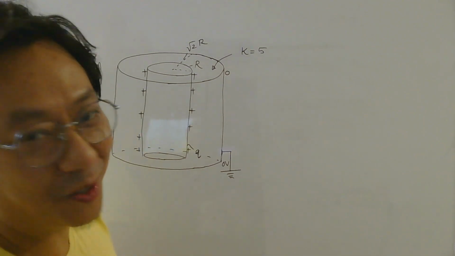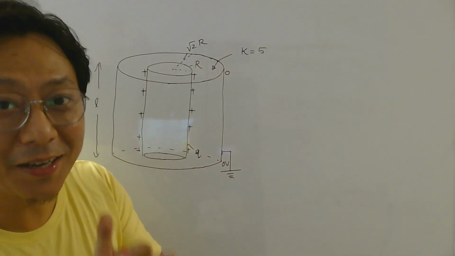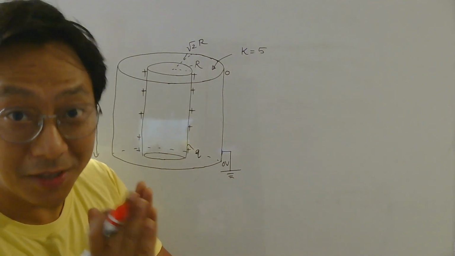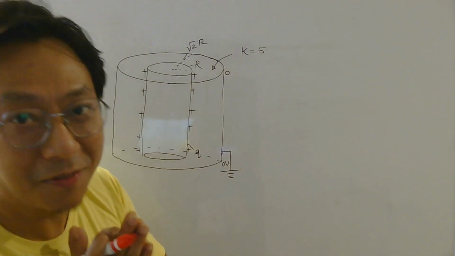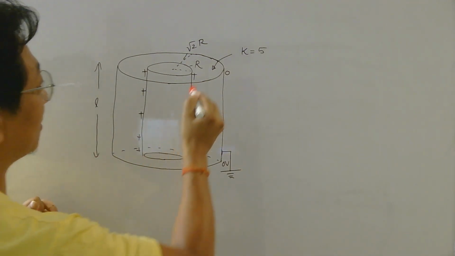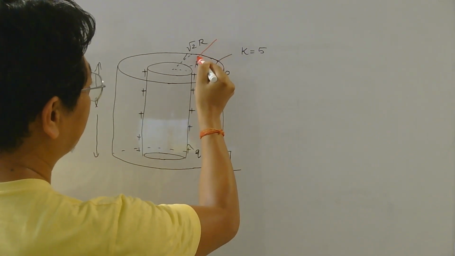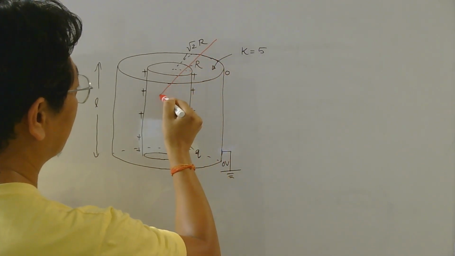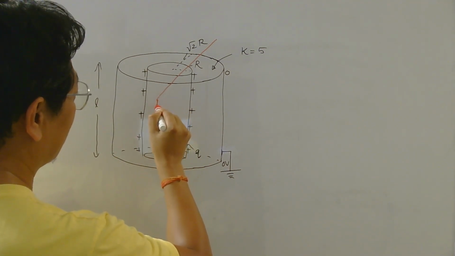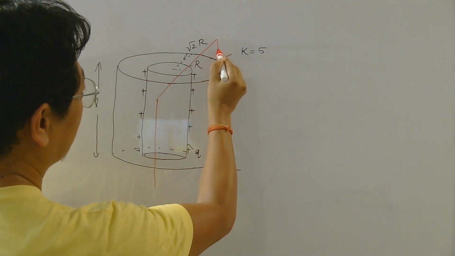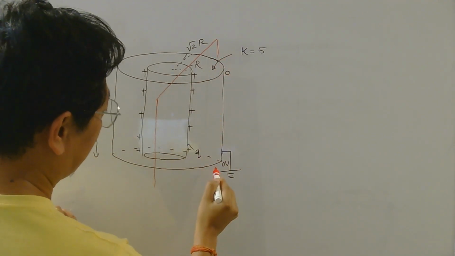Now what do we have to calculate? Well, we have to calculate electric flux. And if they mention electric flux, they have to mention the surface through which we have to find the flux. The surface given is a plane surface. Okay, something like this, and that comes from that side.